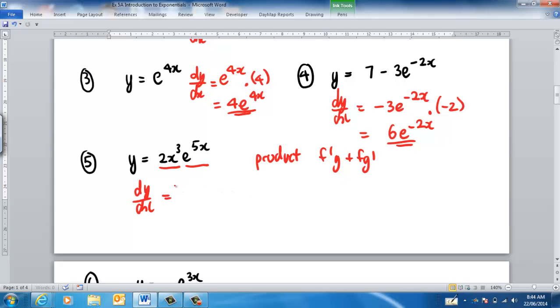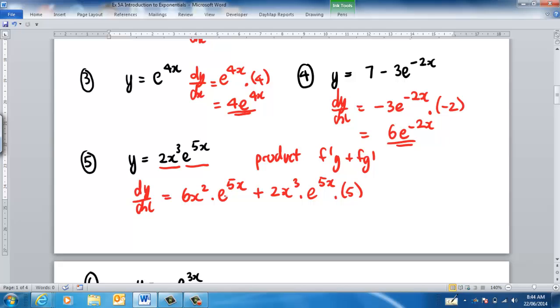So over here the first function we're going to derive gives me 6x squared times by e to the 5x. So that's the first term, f dash g, and then we're going to do plus f, so that's going to be 2x to the power 3 times by g dash. Well, g dash is going to be simply e to the 5x times by 5.